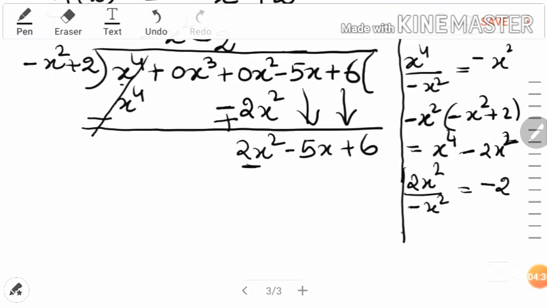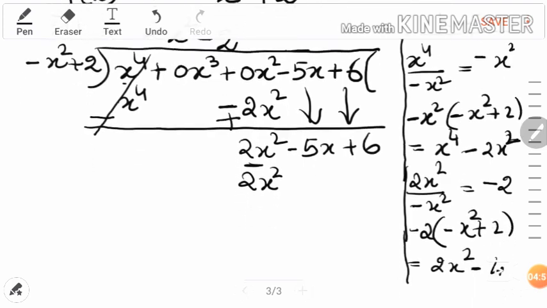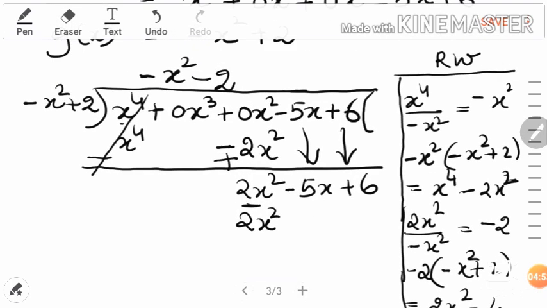Multiply minus 2 with every term of the divisor. We get 2x square minus 4. So writing these terms under like terms, 2x square minus 4.